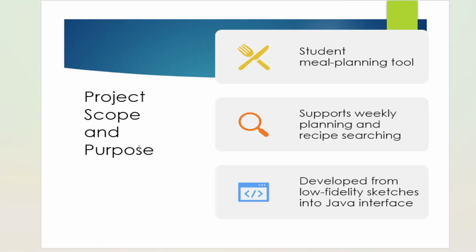Next page is the project scope and purpose. So the purpose of the system is to make meal planning easier for students who deal with long days, changing schedules, and limited time. So GrubUni gives them a place to plan their meals for the week, look at recipes that match their needs, apply filters, and organize their grocery items.